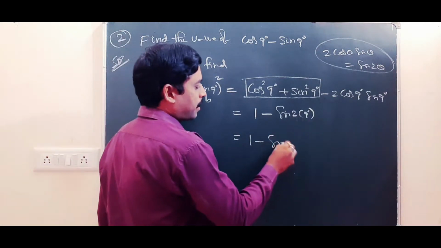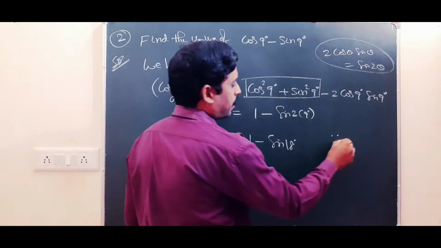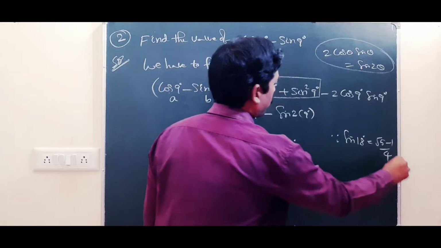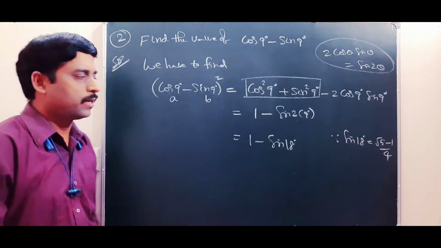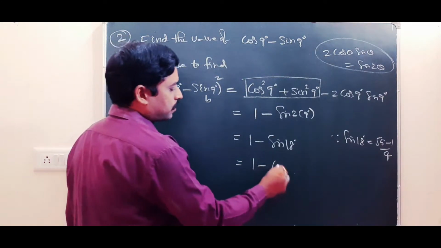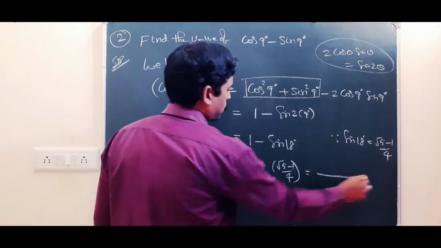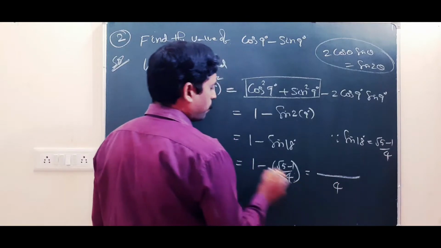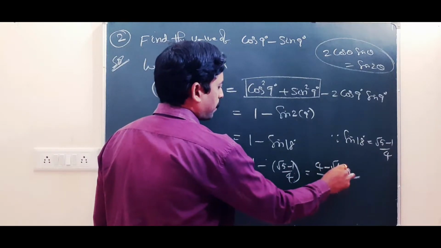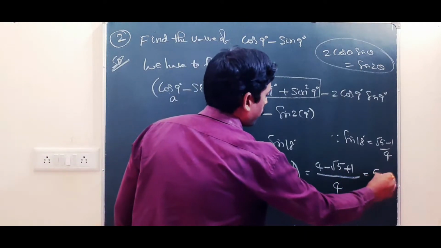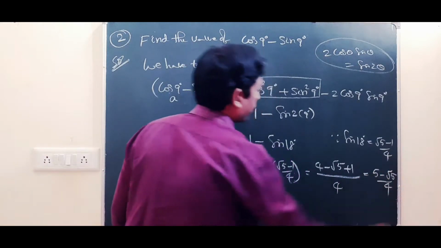We have sin 18 degrees value root 5 minus 1 by 4. Okay, now 1 minus root 5 minus 1 by 4, let us do LCM 4: 4 minus root 5 plus 1, it is going to be 5 minus root 5 by 4.